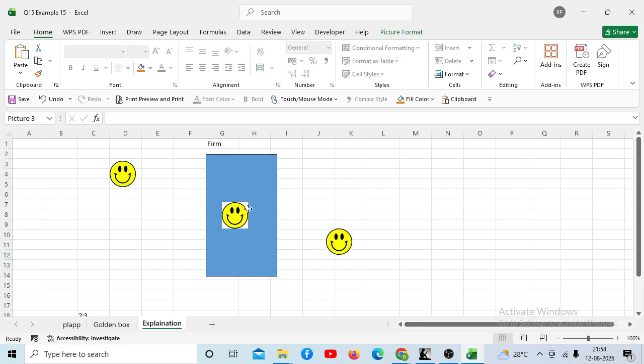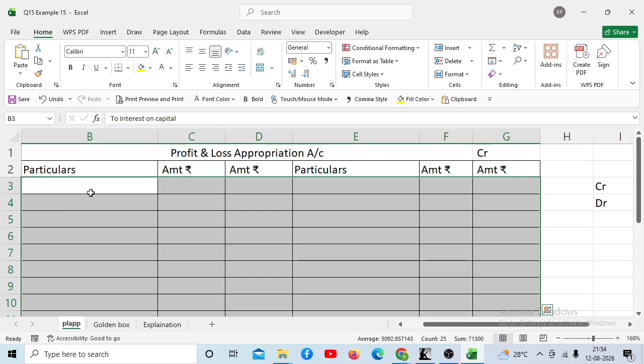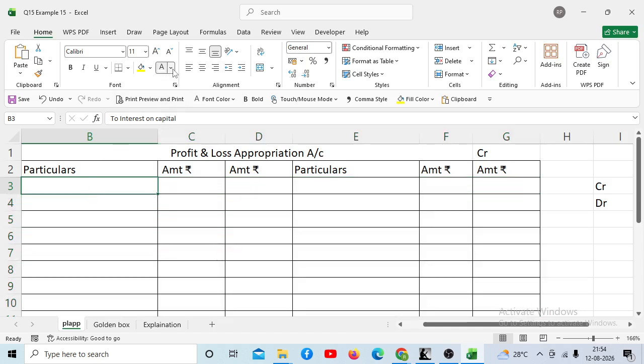So shall we write it on the debit side? Just write interest on capital. And who are the two partners? Aman and Arav.